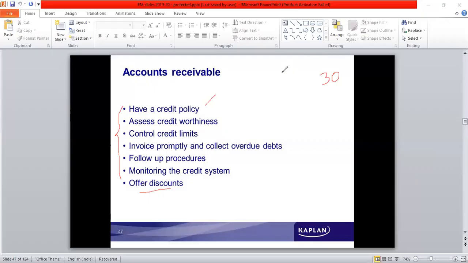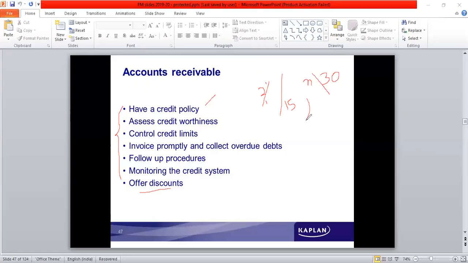discount facility. Let's say that the total credit period extended is for 30 days. So it would be mentioned as n divided by 30. But it also says that if you pay within 15 days, a percentage of discount will be offered to the customers if they pay within a stipulated period.